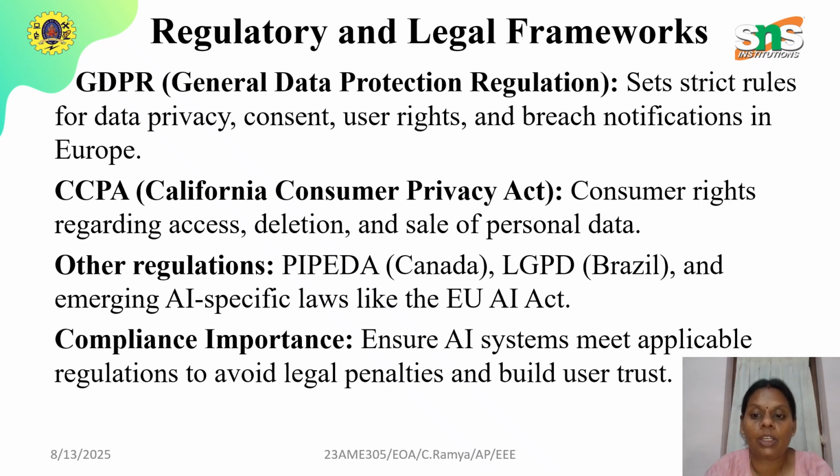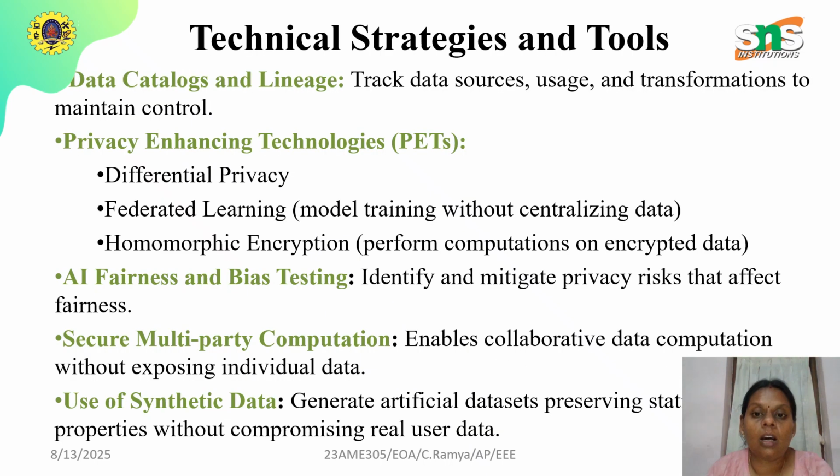And next we are going into the technical strategies and tools. These are advanced methods which strengthen privacy, such as data catalogs for tracking data usage and lineage, and privacy-enhancing technologies including differential privacy, federated learning, and encryption.